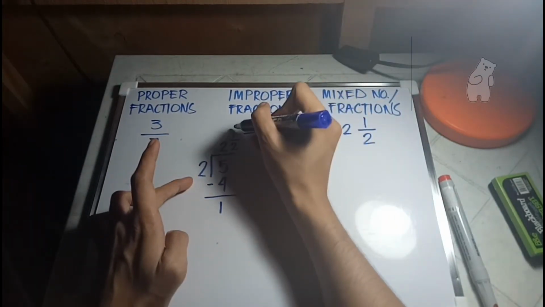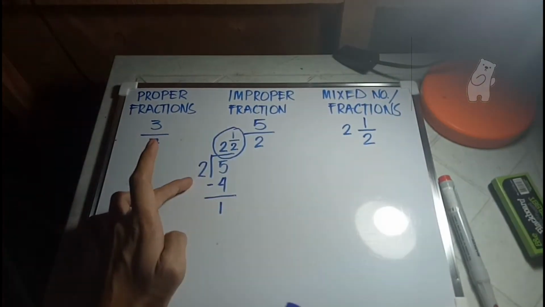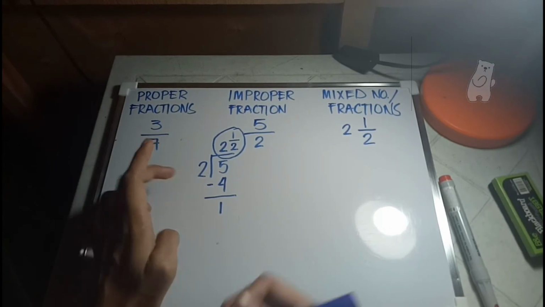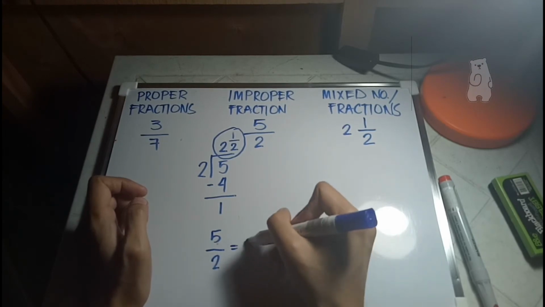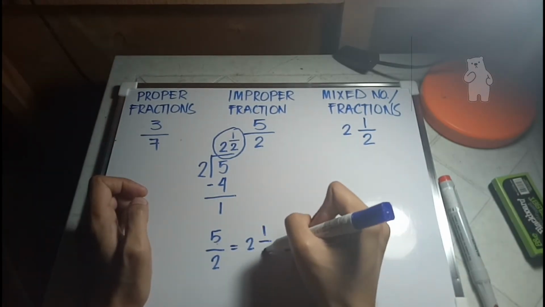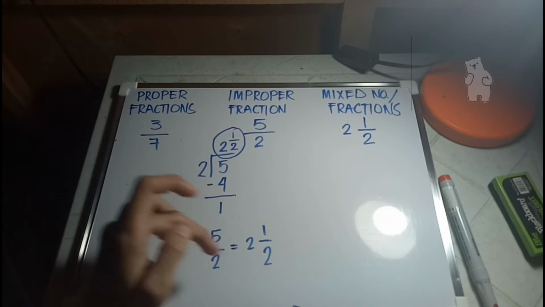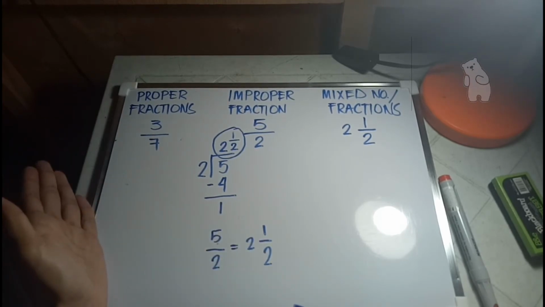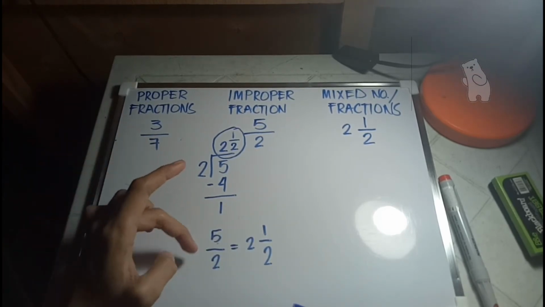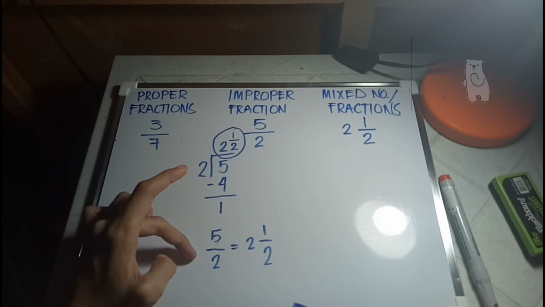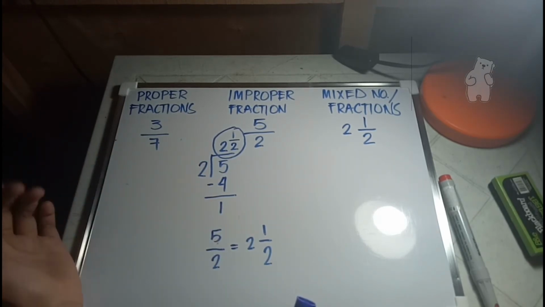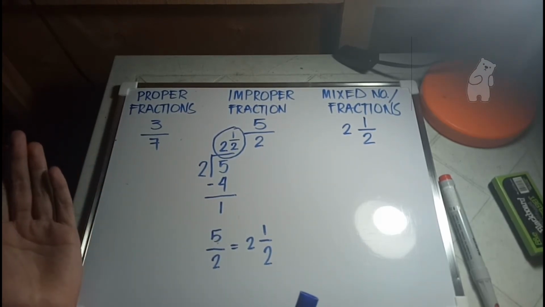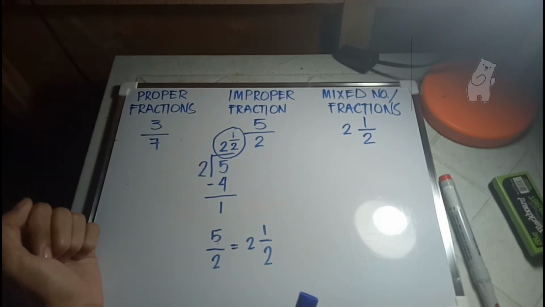So, 5 over 2 is 2 and 1 half. Mag-equal pong value nilang dalawa. So, 5 over 2, if it is represented as a mixed number, it is 2 and 1 half. That's how we convert improper fractions to mixed number.